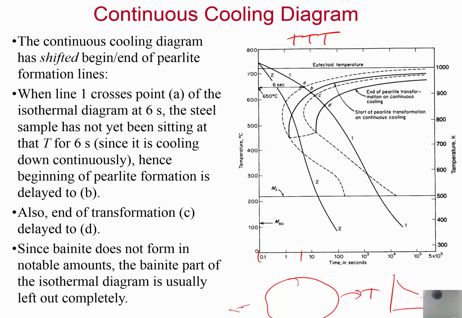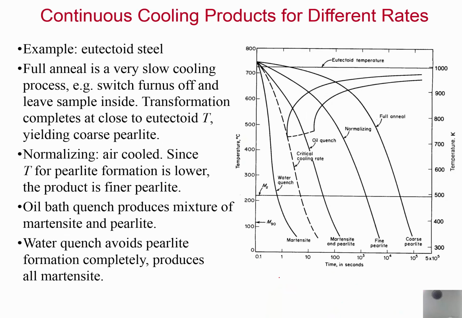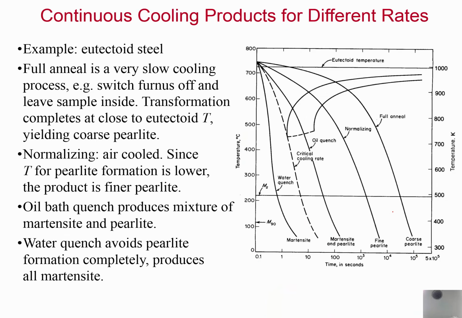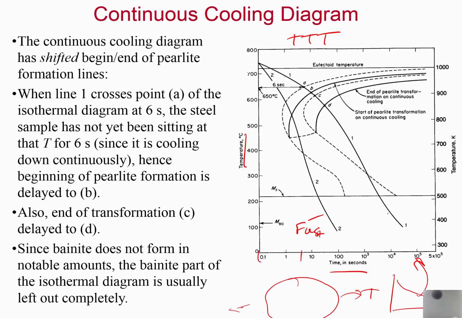Well, you can retransform this where you can put temperature versus time on this way. So this would be a relatively fast cool. This would be a relatively slower cool.